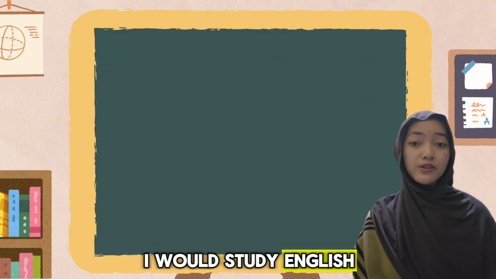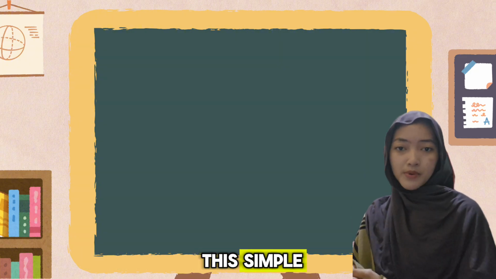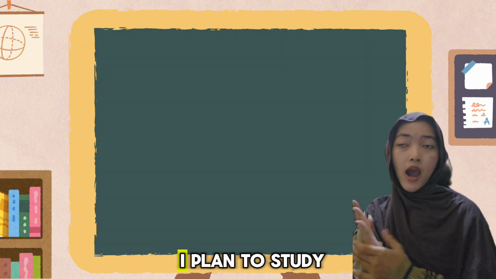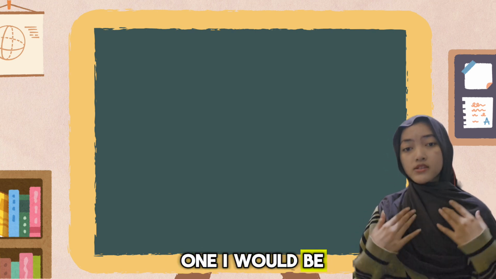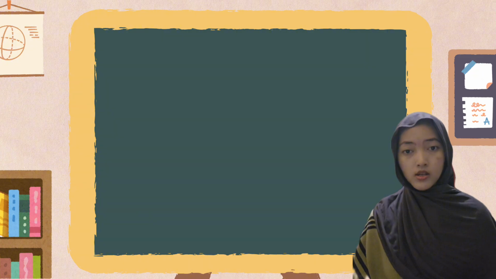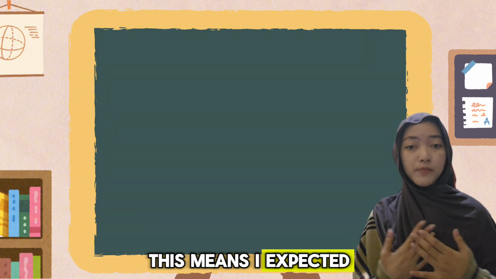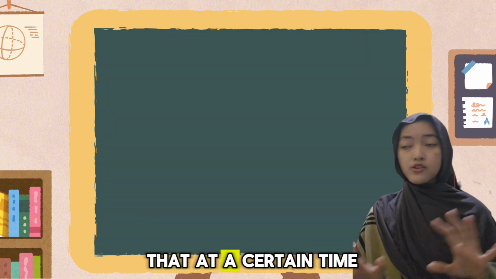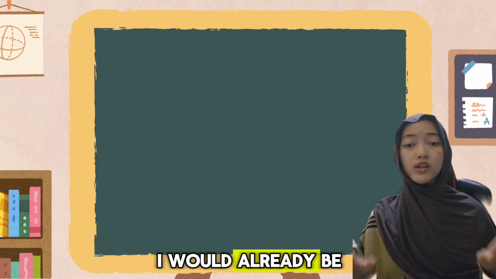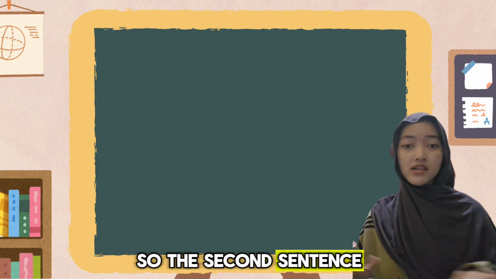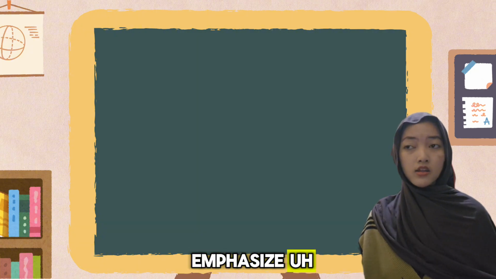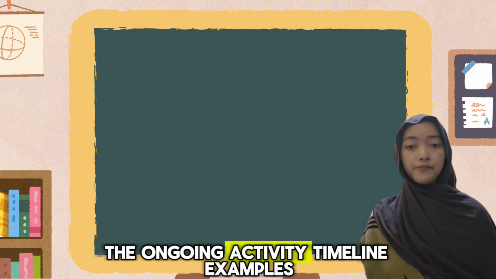I would study English. This simply means I plan to study. Now look at this one. I would be studying English. This means I expected that at a certain time I would already be in the middle of studying. So the second sentence emphasizes the ongoing activity.